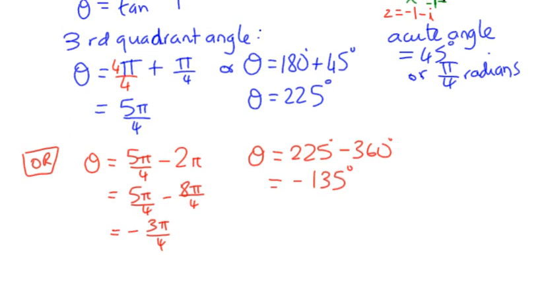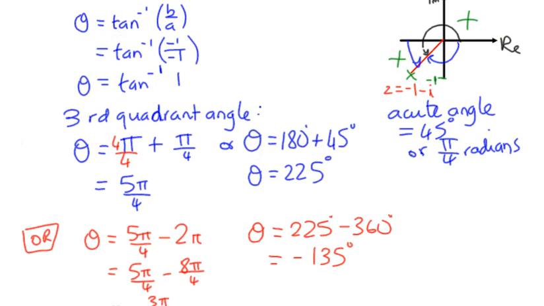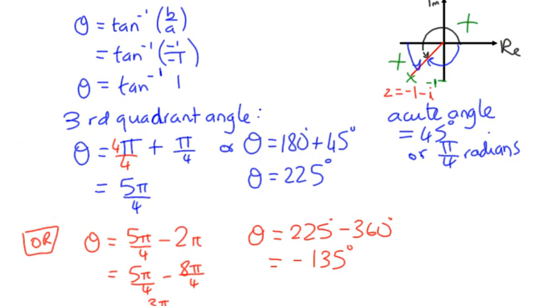There is another way of working it out, and that's simply using the diagram. I quite like this method here, because on the whole we're dealing with exact values. So if you work out that the acute angle here is 45 degrees, then it stands to reason that we have a complementary angle here also of 45 degrees, because that quadrant is 90 degrees.